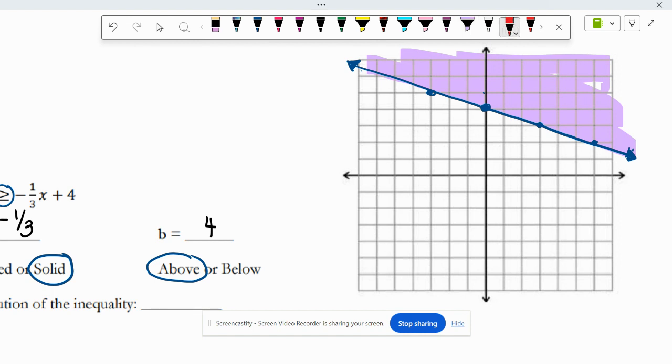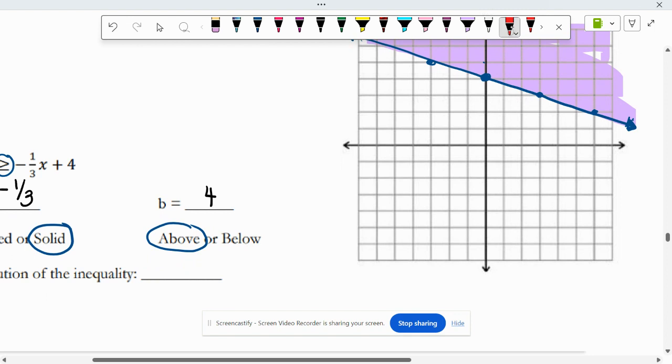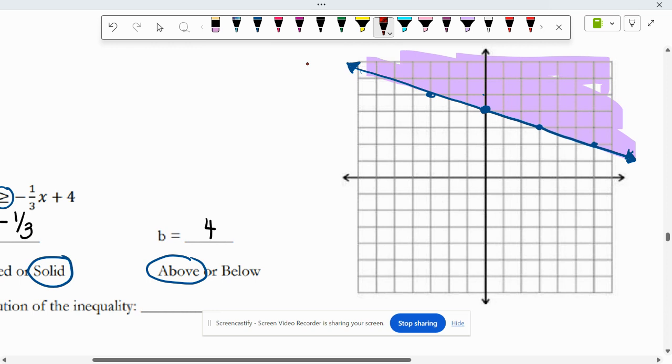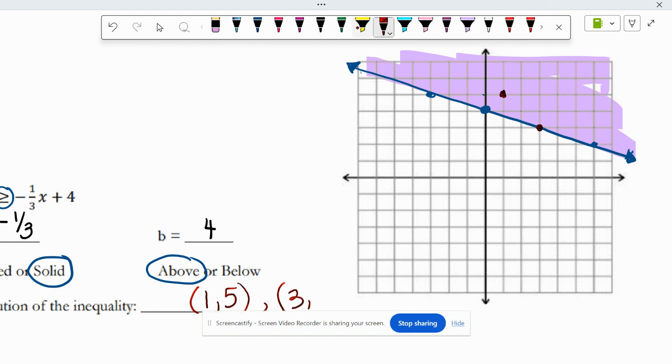So let's talk about solutions to this. Can someone name a solution to this inequality? Ordered pair 1, 5. Okay. What about the ordered pair 3, 3? Is that a solution? Do you guys see how 3, 3 is right on the line? It would.